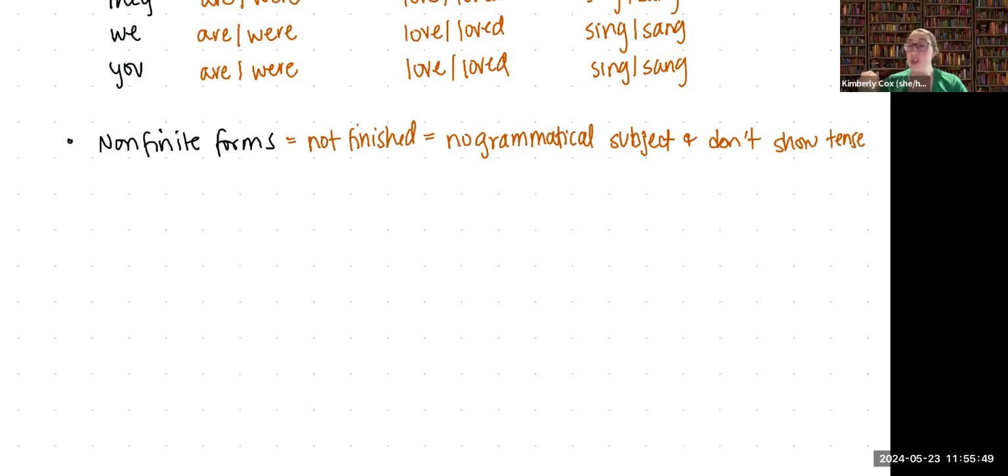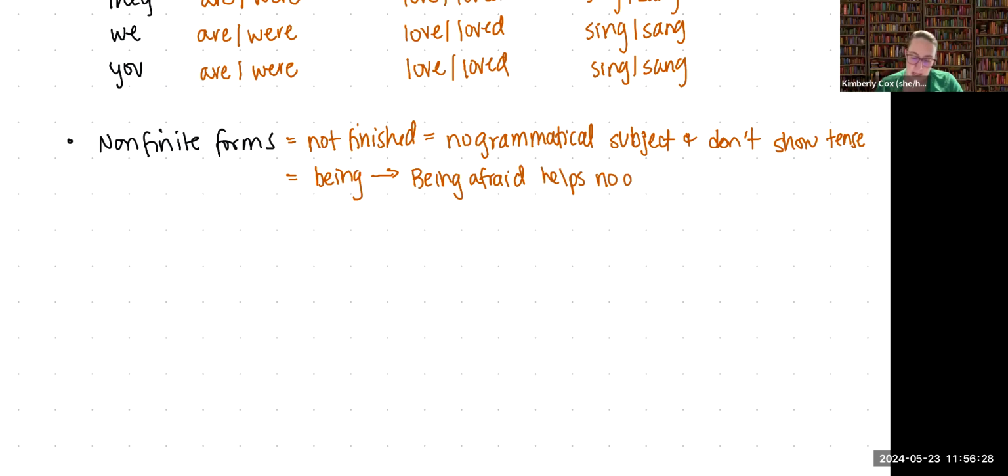Okay. So I'm going to give you a couple of different examples using these same verbs. So for instance, we might have being, right? Being on its own does not have a tense. It's neither present nor past. And here is an example in a sentence: Being afraid helps no one.